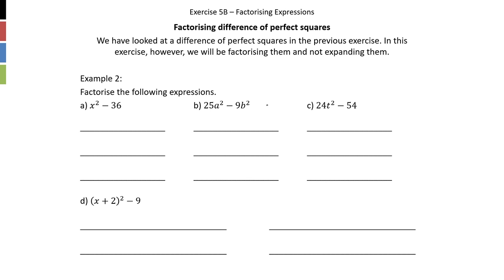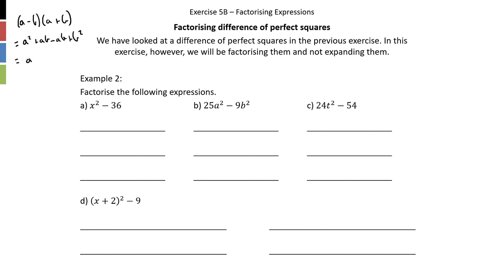Now, in the previous video, we looked at the difference of perfect squares when we used it to expand. So we had a minus b times a plus b, and we found, if we did FOIL, we've got a squared plus ab minus ab minus b squared.